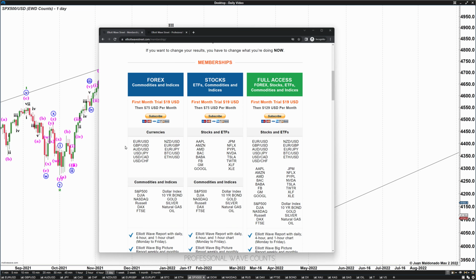All right, let's start with the analysis on the S&P. We have been working with the plan of finding the end of wave 4 at this area. So here we have price today testing the 100 area after hitting the previous low.